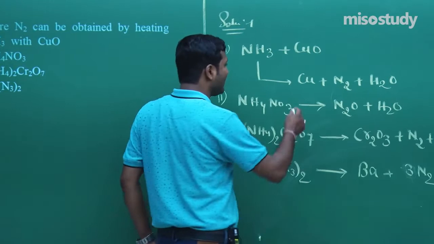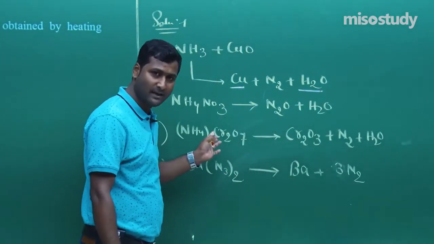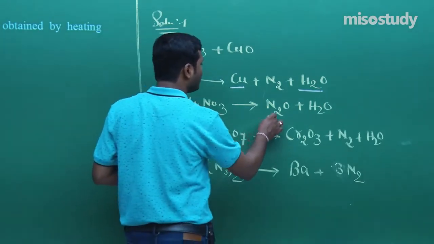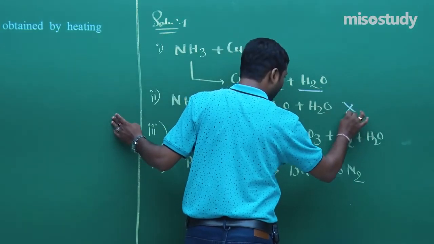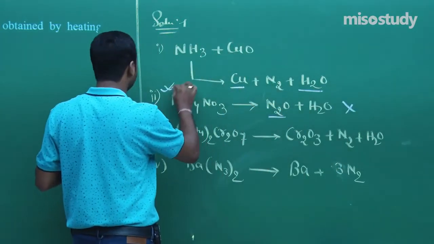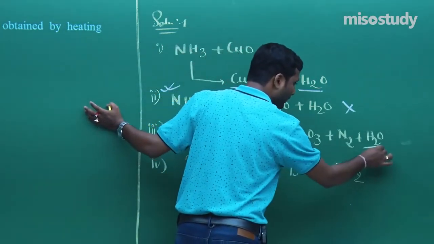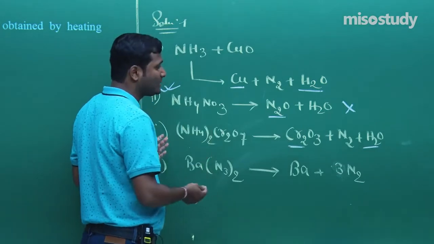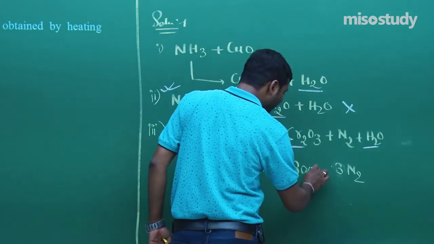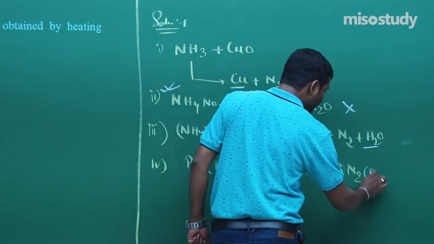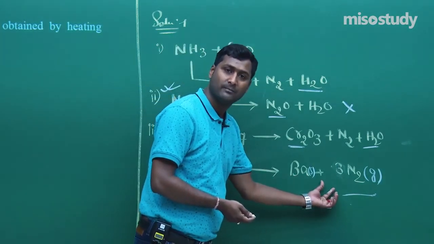In this case there are many byproducts, so we need an additional method to separate them. In this case there is formation of N2O, not N2. So this method is also not used for the preparation of N2. Now in this case again there are many products, so we need an additional method to separate them out. But what we find here is Ba, that is in a solid state, and N2 is in a gaseous state. So it's very simple to separate them in a single step.